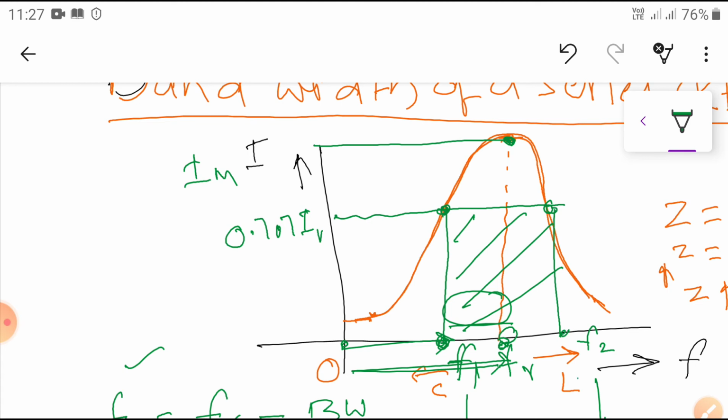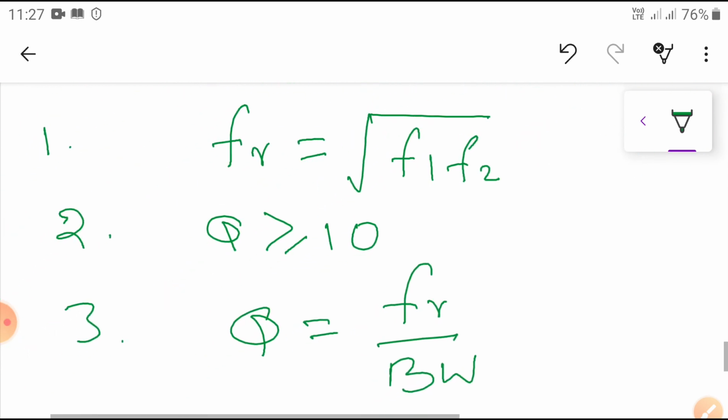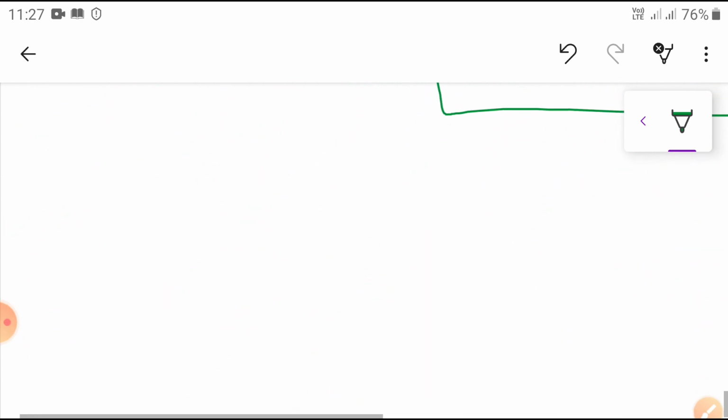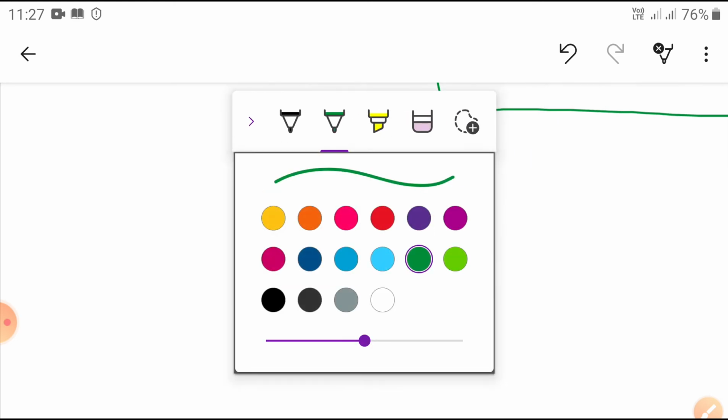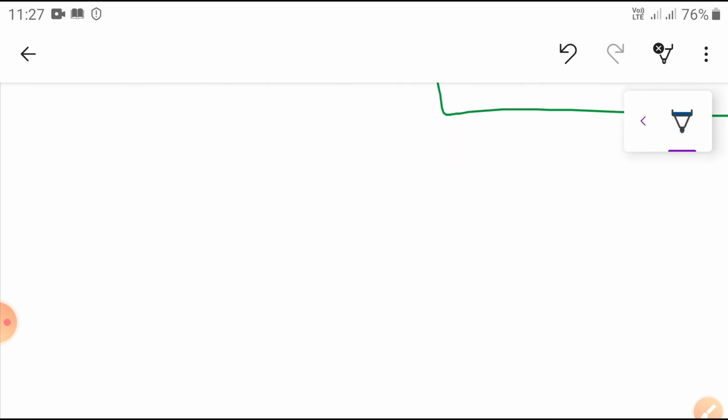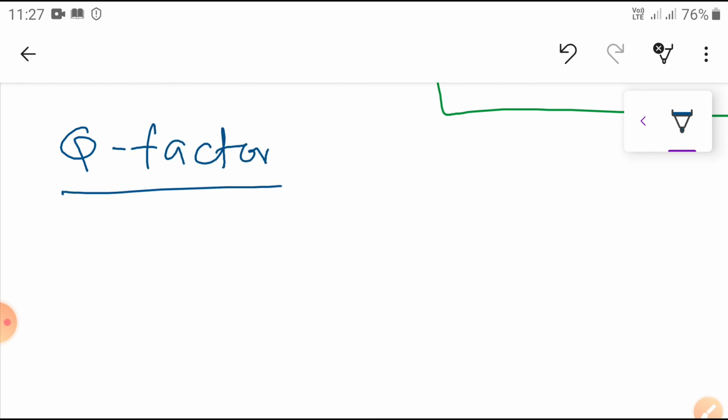Now coming to the quality factor. Okay. So now let us see what the quality factor is. The Q factor of a series circuit, or quality factor, is defined as the voltage magnification in the series circuit at resonance frequency.